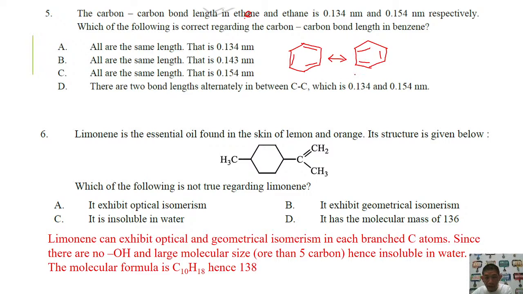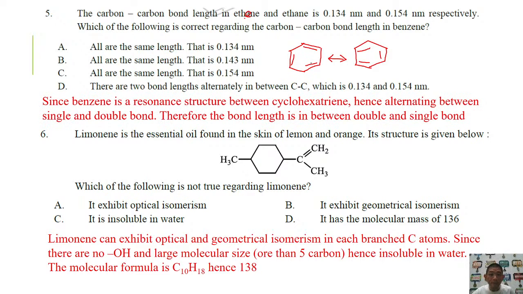Therefore, the bond length should be somewhere in between a double bond and a single bond. All of them have the same length, in between double and single bond, therefore 143 nanometer. So the best answer for number 5 is B.